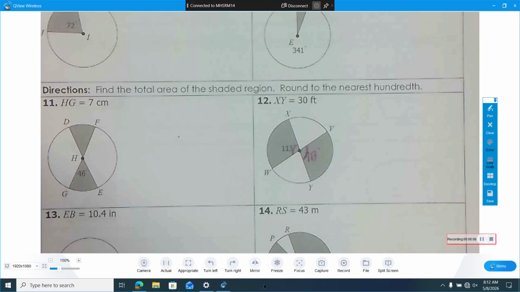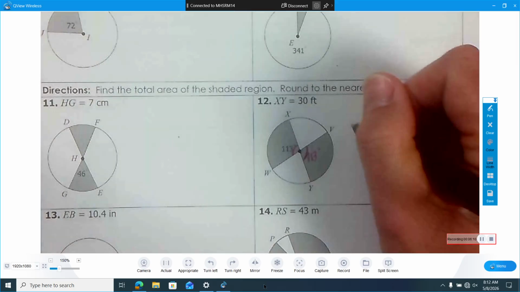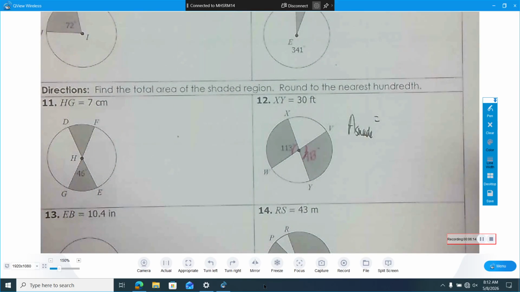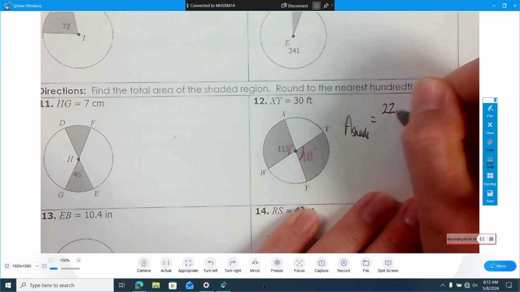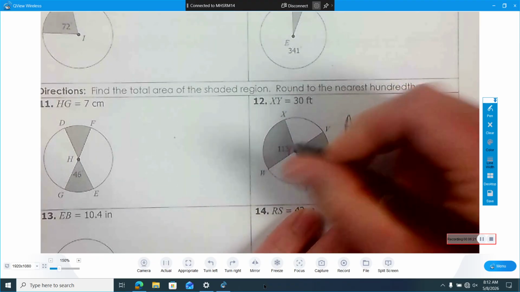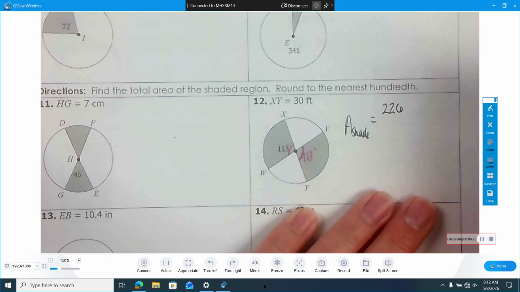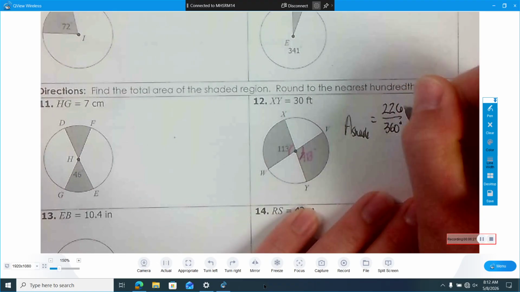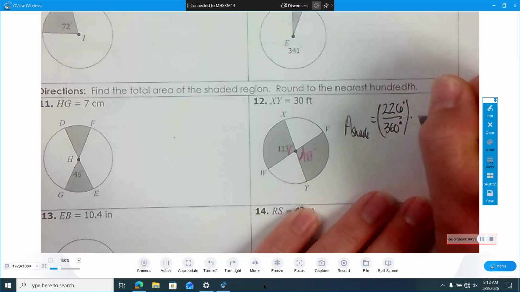Okay. And so if we want the total shaded area, then the area of the shaded region would be how many degrees? 226, adding up the 113 and 113. So 226 out of 360 degrees, that's what we want, times pi.